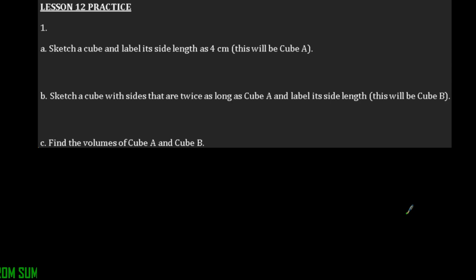So now we're going to try sketching a cube and labeling its side length as 4 centimeters. And it says this will be cube A. So what I can do, let's draw it. Let's do it like right here. The way I like to draw a cube, again, it's not going to be perfect, but that's okay.